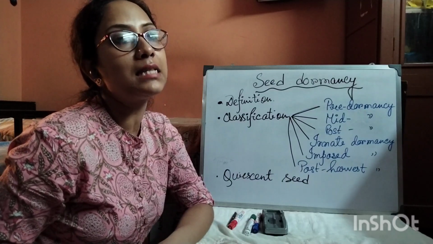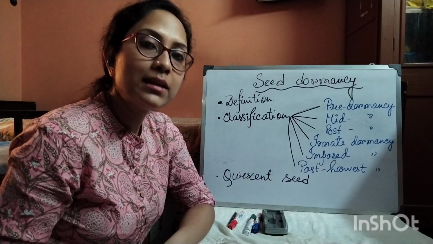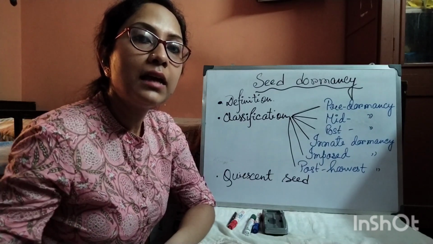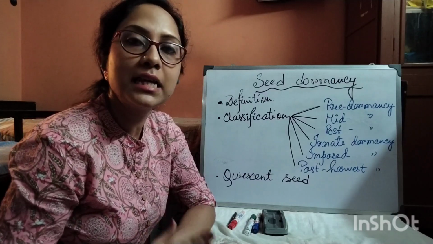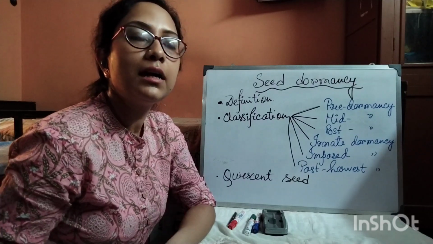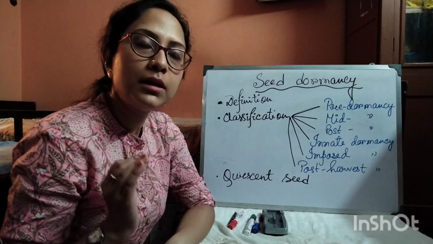Dormancy of seed is a state where seeds remain inactive. They do not germinate. They do not show any kind of physiological reaction in the particular environment.